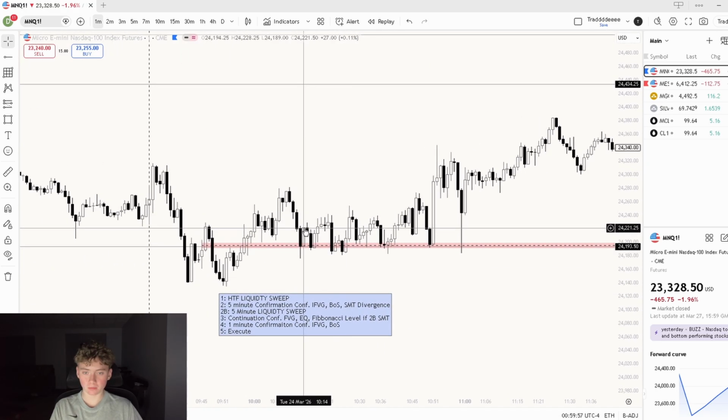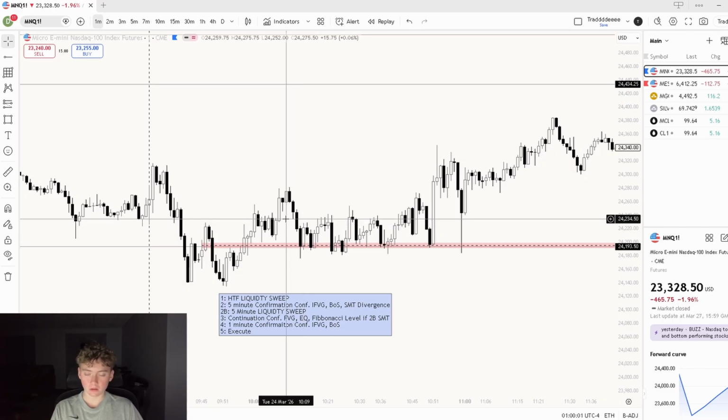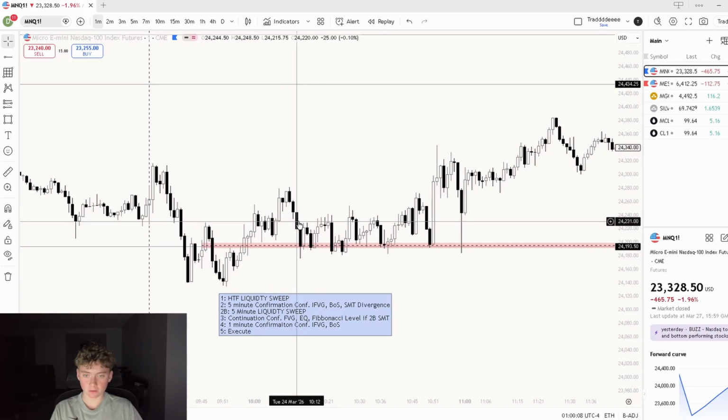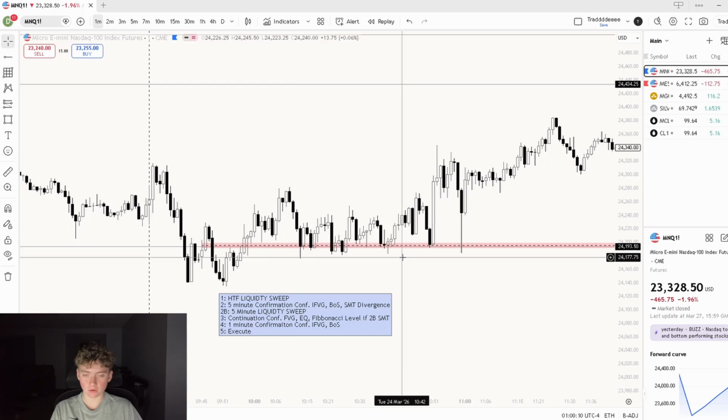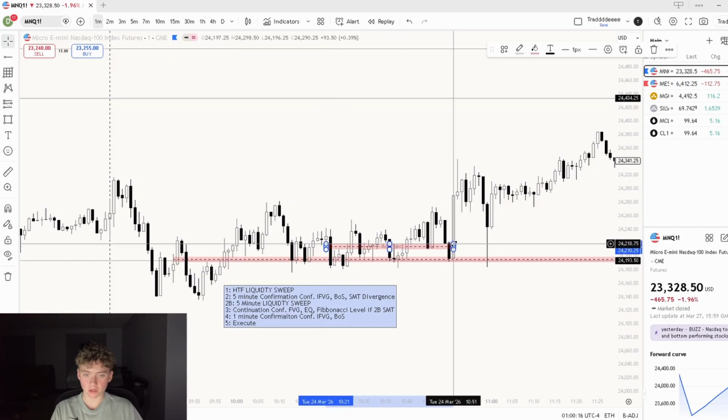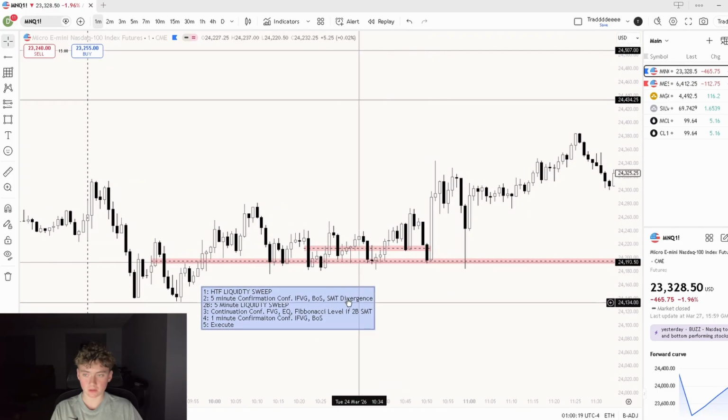So after we hit equilibrium, I'll probably wait to see an inverse of either this gap or this gap. This break of structure is too minuscule to count as a confirmation confluence, and then we actually do inverse this gap right here. So I would probably enter off this.